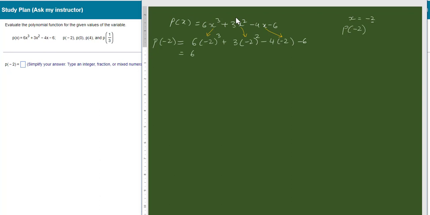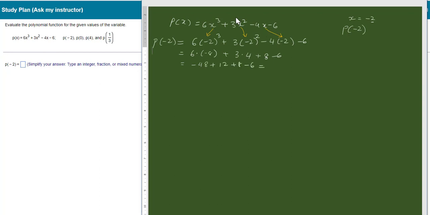So if we were doing it by hand, you'll go 6 times -2 cubed is -8, and plus 3 times -2 squared is +4. -4 times -2 will give us +8 minus 6. And then just simplify. And I'm sure you're good at this.